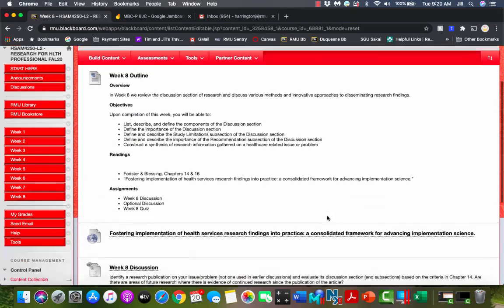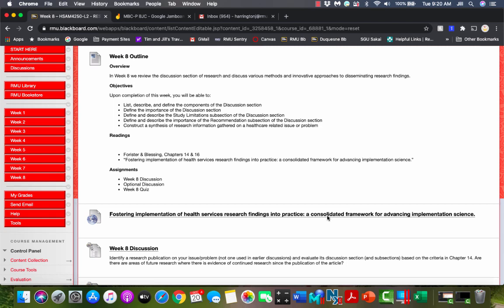So in week 8, we're actually moving on to the discussion section of an article. That's typically the last section that you'll see in a journal article, or a description of a study, or even in something like a thesis or a dissertation.